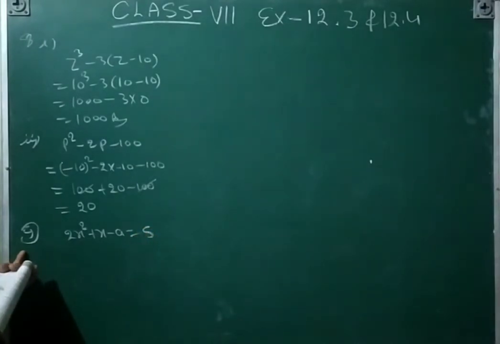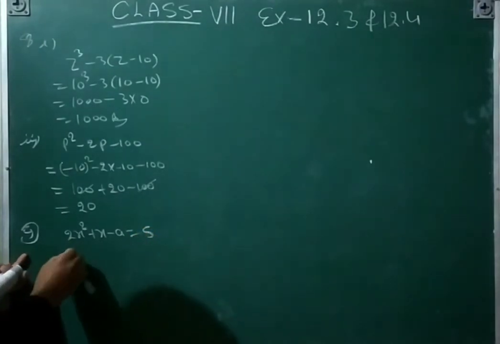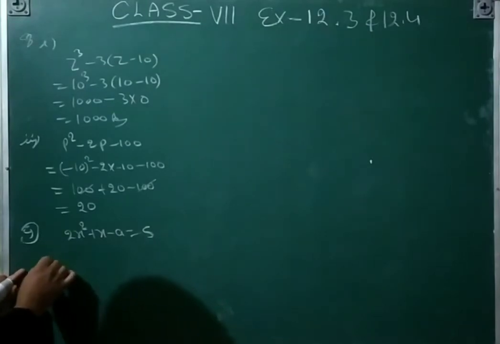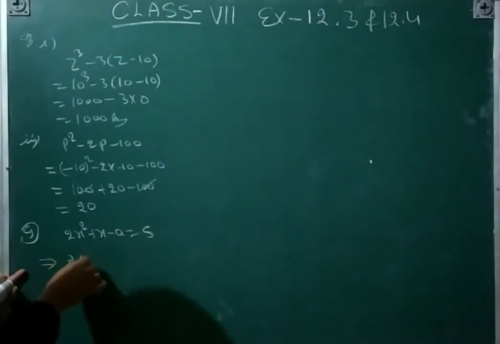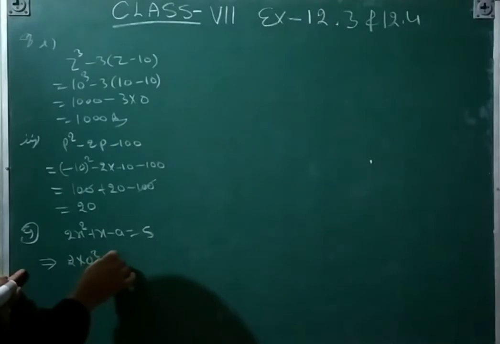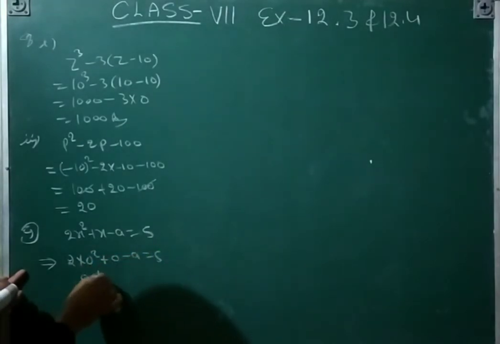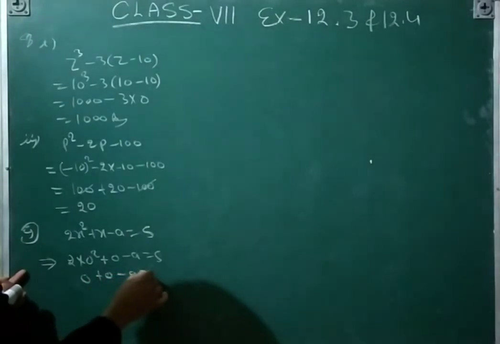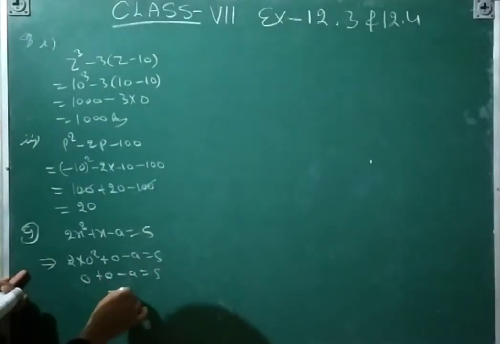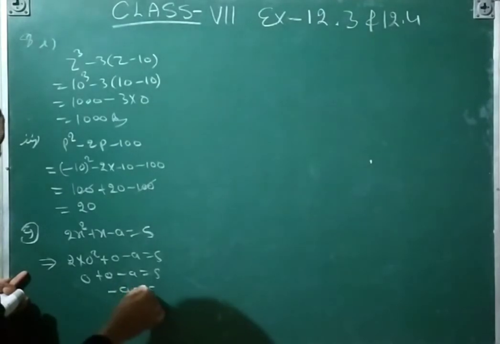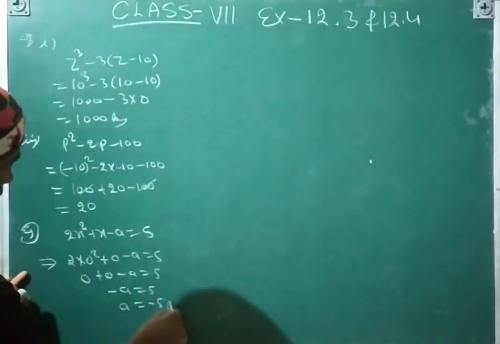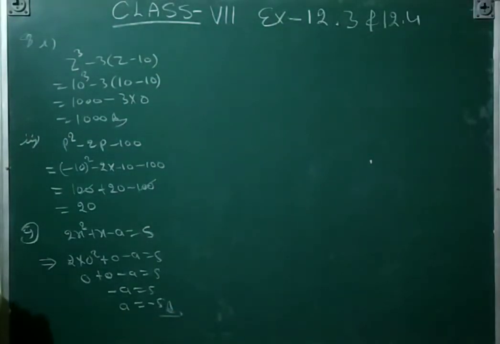The x value is also given there, 0. So 2 into 0 square plus 0 minus a is equal to 5. So that is 0 plus 0 minus a is equal to 5. 0 can't be added or subtracted. So minus a is equal to 5. So this minus goes to that side, so a is equal to minus 5.